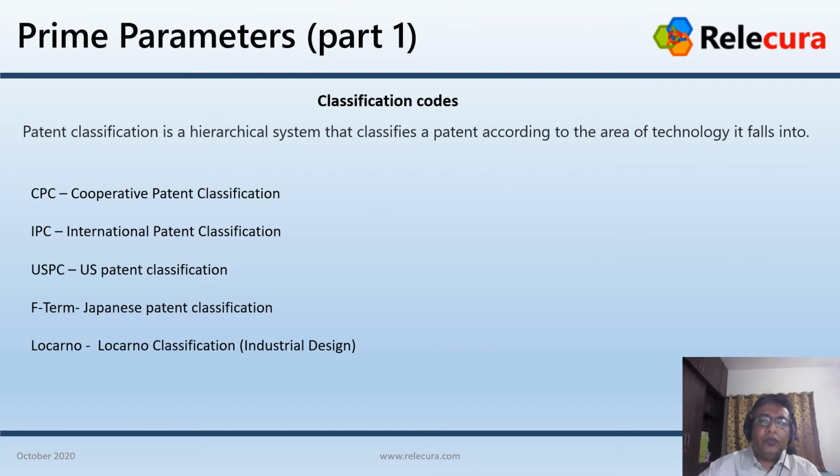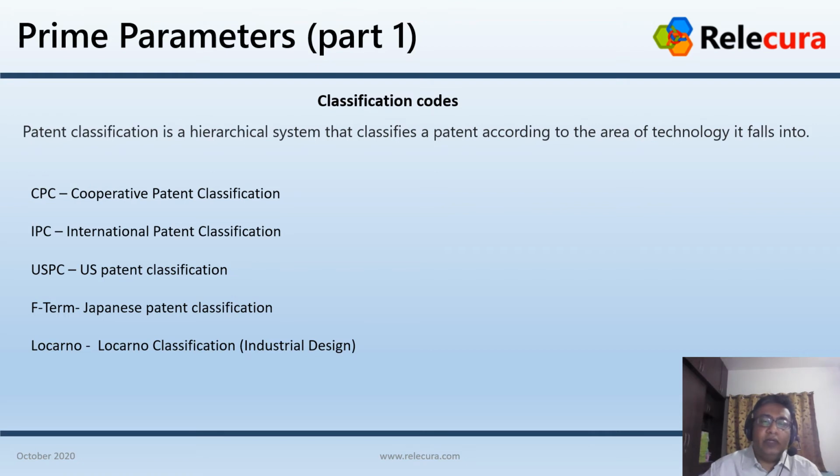So not only the keywords are essential for patent searching, another prime parameter for patent searching is the classification codes. A classification code is a hierarchical system that classifies a patent according to the area of technology it falls into. These classification codes have been defined by WIPO, World Intellectual Property Organization.